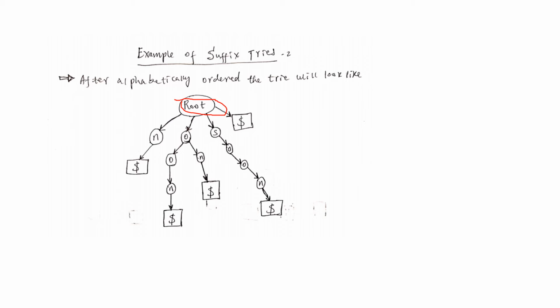This is the termination symbol. I have presented this one on the first slide. This is termination, which is put at the end of each node, at the end of each child.